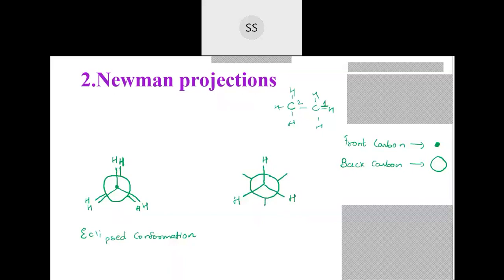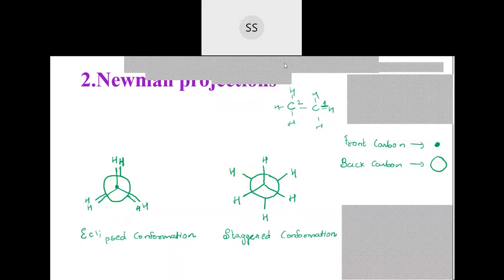So here these are the three hydrogens. That is staggered. Yes, you can start writing now.